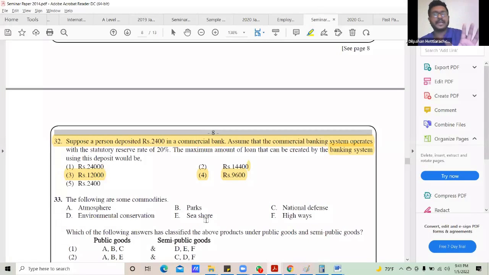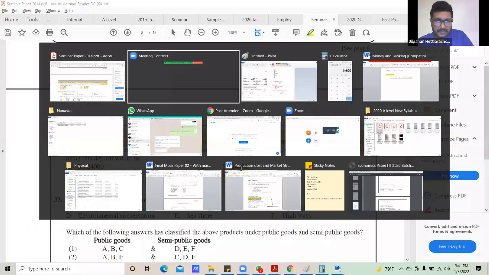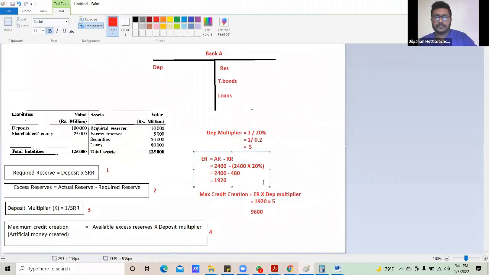So first of all, we have to calculate how much they can utilize for credit creation. That is what I have done in this calculation. I calculate excess reserves. Now you have 2,400 with you, that is your actual reserve, minus required reserves, 2,400 into 20%. 2,400 into 20% is 480.